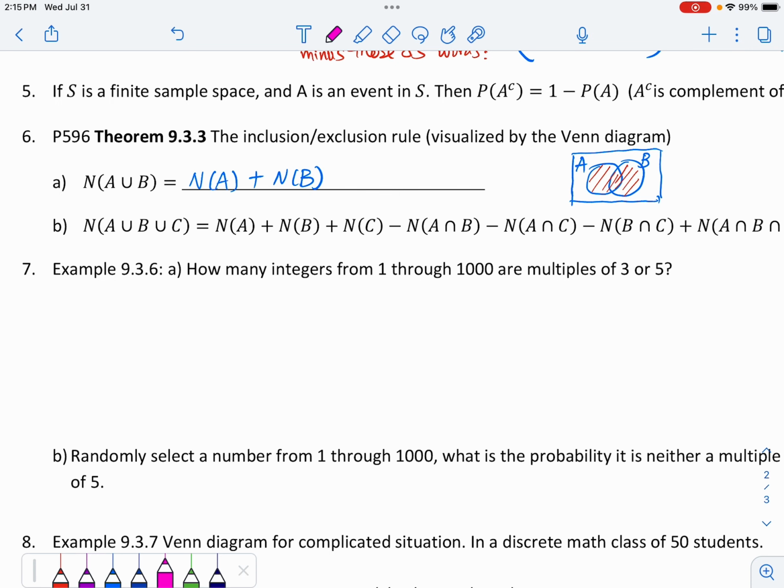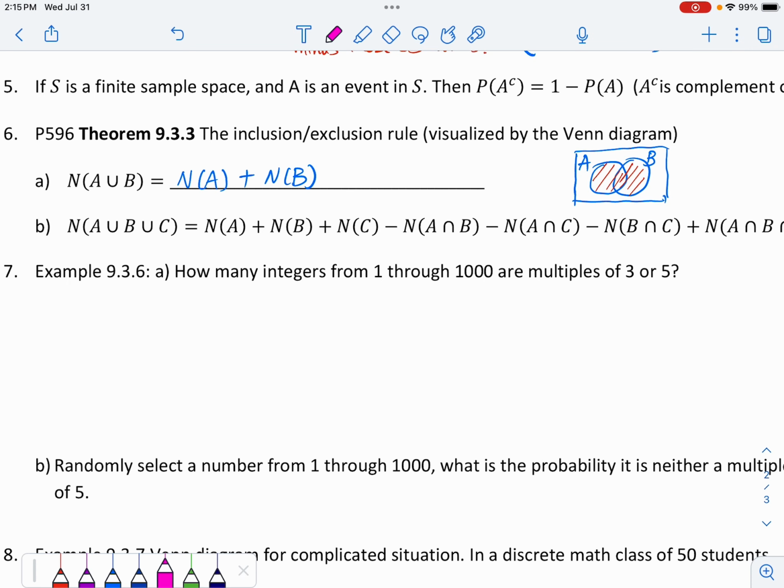Well, when you look at that, the number of elements in A plus the number of elements in B, you can see that this common area has been added twice because it's in A and it's also in B. So to get the correct count, we have to subtract that area once, which is the number of elements in the intersection of A and B. Now, this is the inclusion-exclusion rule for the union of two sets.